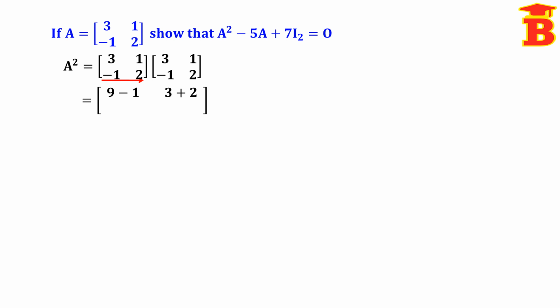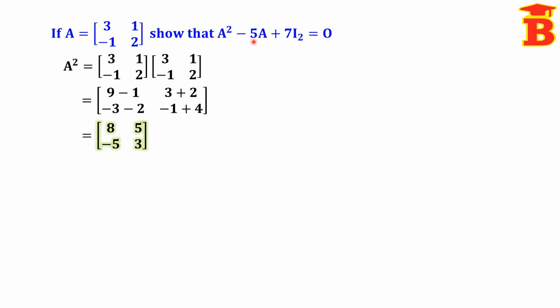Next take second row first column: minus 1 into 3, minus 3, 2 into minus 1, minus 2. Next second row second column: minus 1 into 1, minus 1, plus 2 into 2, 4. This is the second row. Now this is equal to 9 minus 1, 8. 3 plus 2, 5. Minus 3 minus 2, minus 5. Minus 1 plus 4, 3. So this is A square.